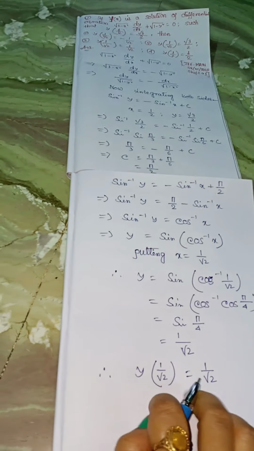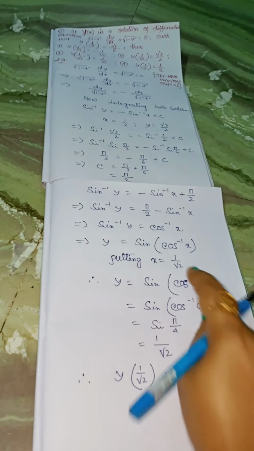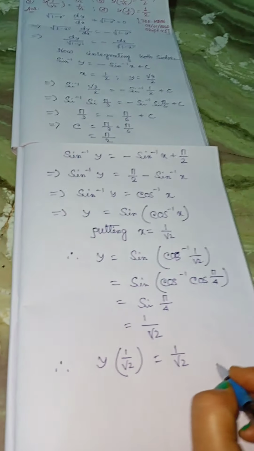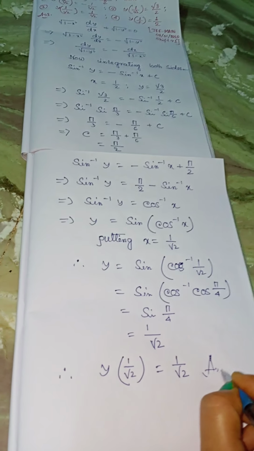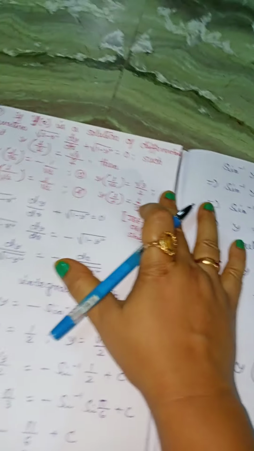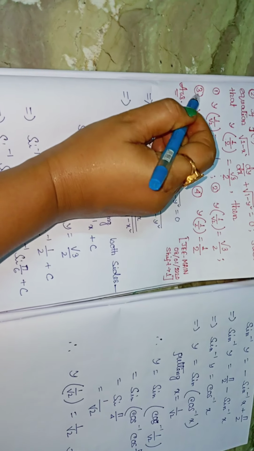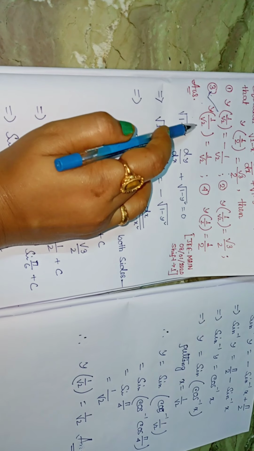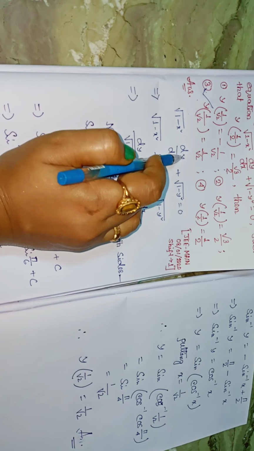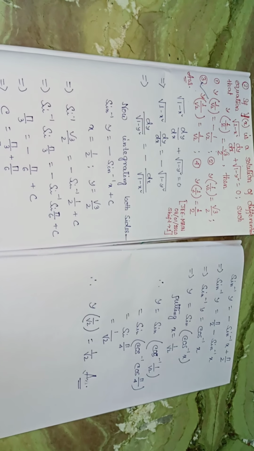So we reached our required answer, and our option is option 3, sine of y of 1 by root 2 is equal to 1 by root 2. So this is the whole problem with solutions.